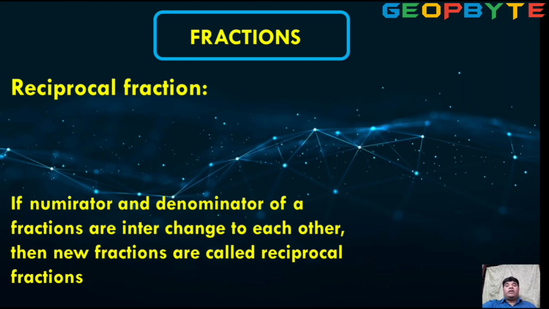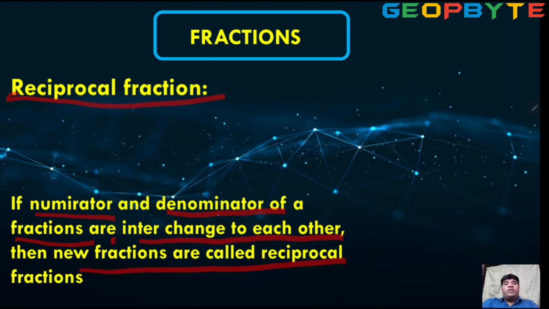Reciprocal fraction. Next point. Reciprocal fraction. Very easy point. Observe the statement. If the numerator and denominator of a fraction are interchanged, then the new fractions are called reciprocal fractions.